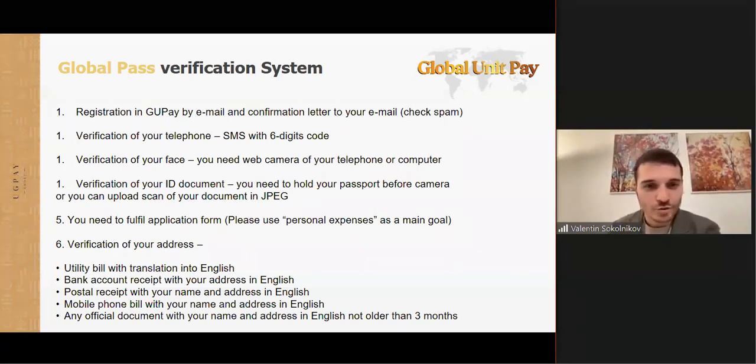Regarding the verification of addresses, I can congratulate you, mostly the Russian speaking audience, as we have employees who speak Russian and even Ukrainian. I opened some documents to see what is going on, and for verification of your address, you can upload the internal passport of the Russian Federation, which includes your residence address.